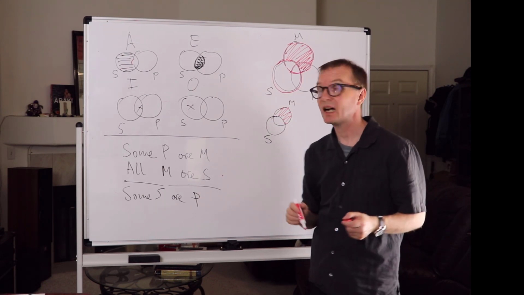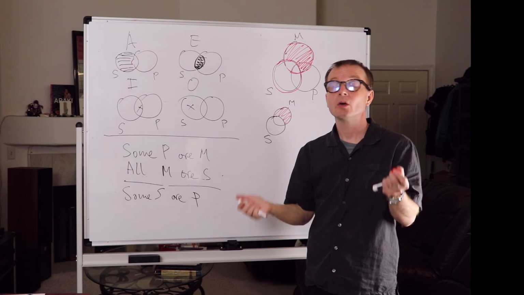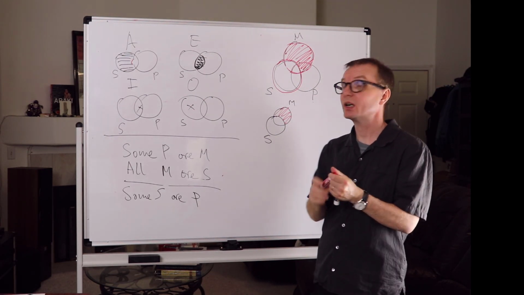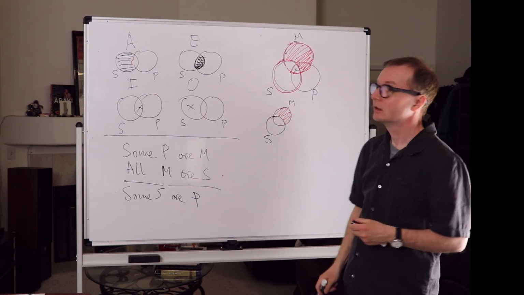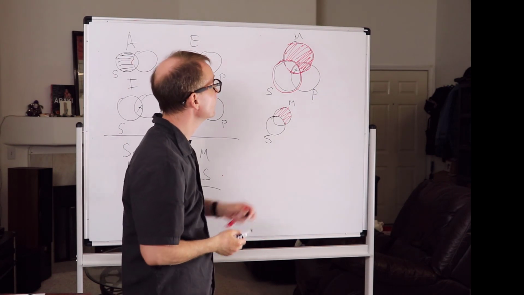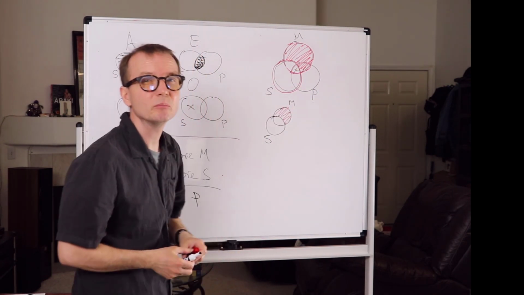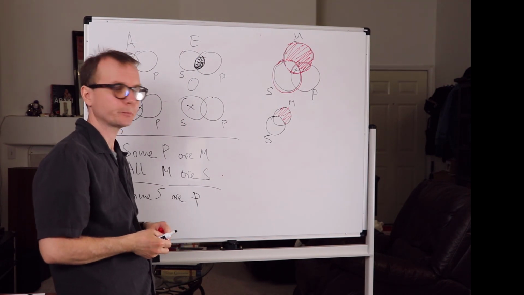But note that half of it is already shaded. Where do you put an X now? You put it in whatever part is left. You put it right here. If you didn't have that shading, you wouldn't know exactly where to put it, so you would have to put it on that line in the middle there, because that line makes a lot of difference.